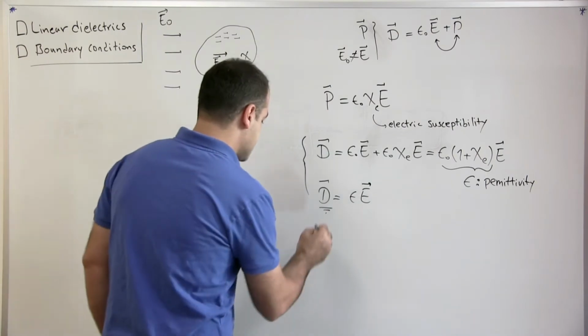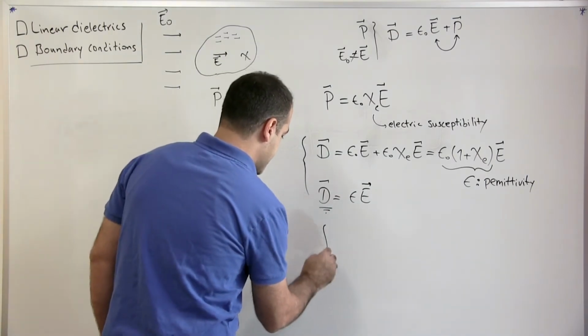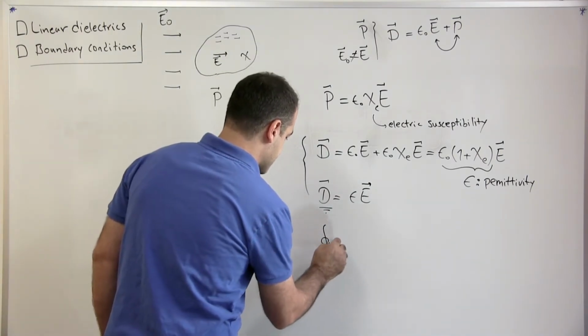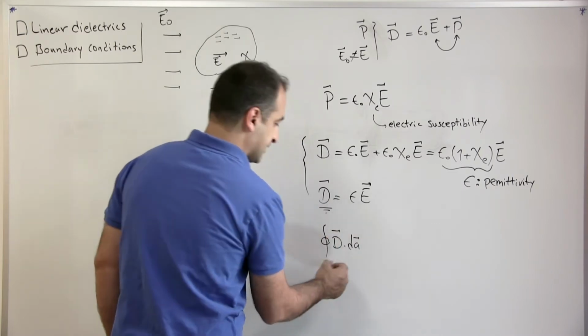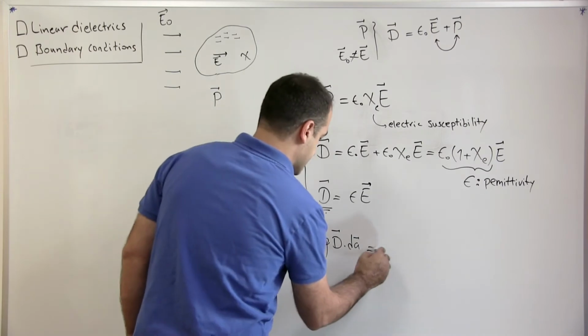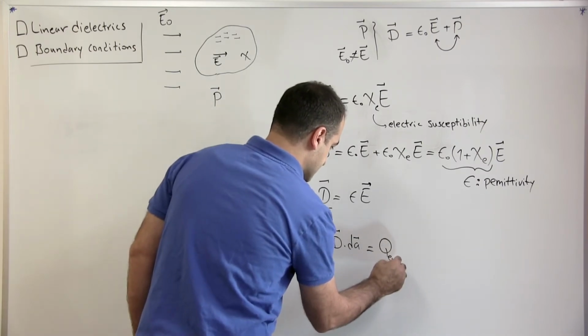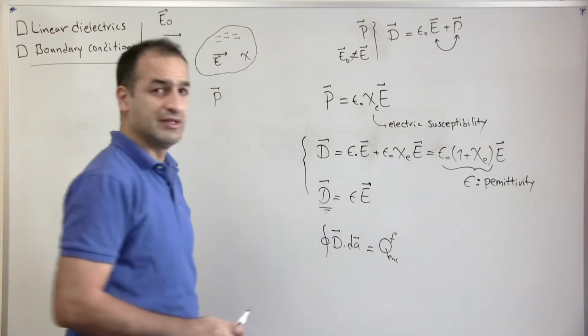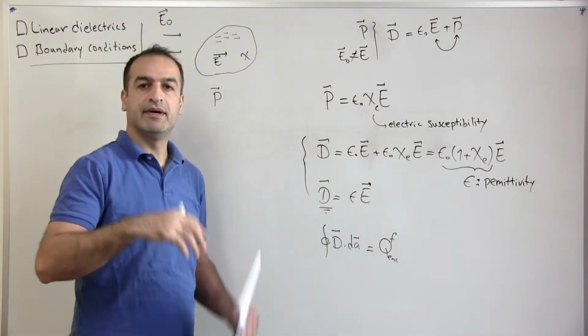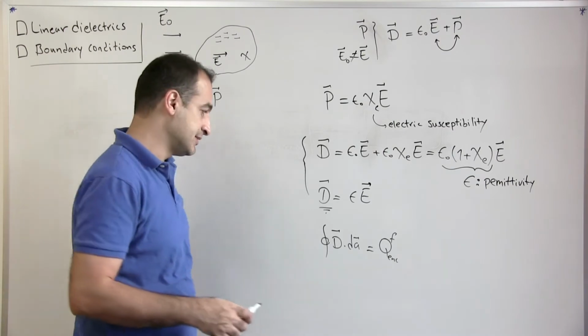That means D can be calculated based on the free charge distribution. The integral form is D dot dA equals Q enclosed. I'm going to call that Q F because we only look at the free charges and not bound charges, which are a result of the polarization.